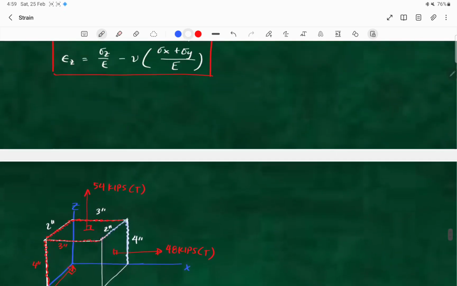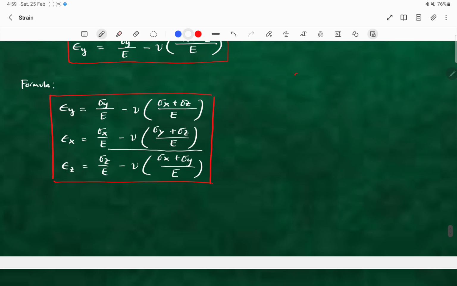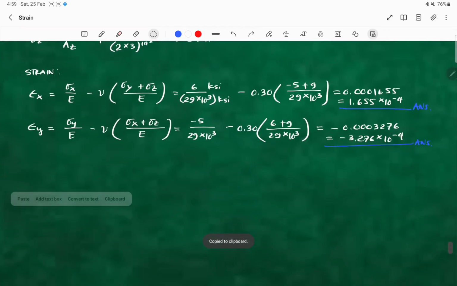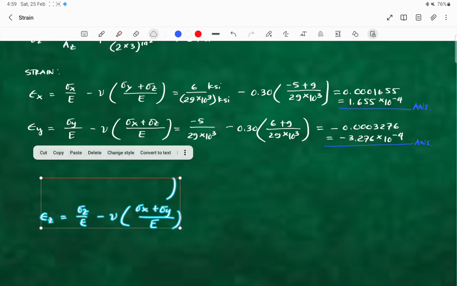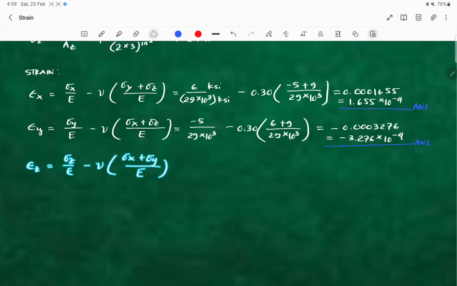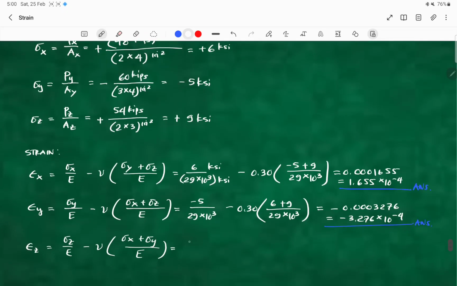And for strain in Z axis, so ito yun. And tanggalin ko lang yan. So therefore I have stress in Z, that is 9 all over yung 29,000 times 10 to the power of 3 minus 0.3.